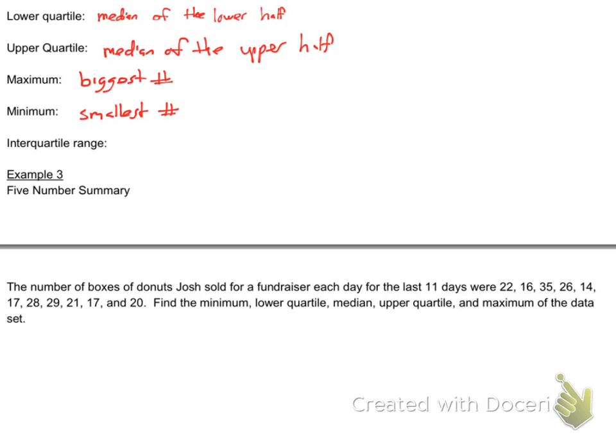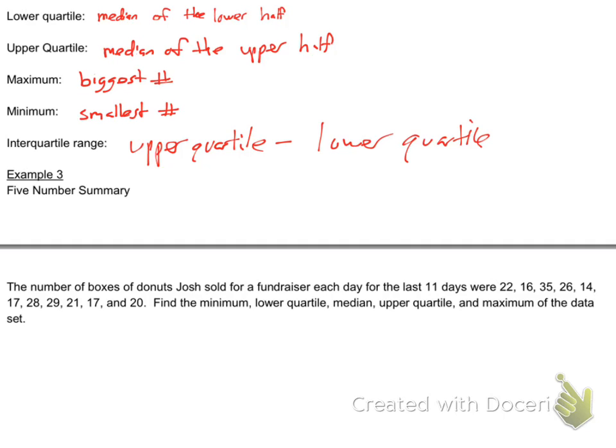Now, wait a minute. We know what range is. The range is the highest minus the lowest. What's the interquartile range? It's the upper quartile minus the lower quartile.